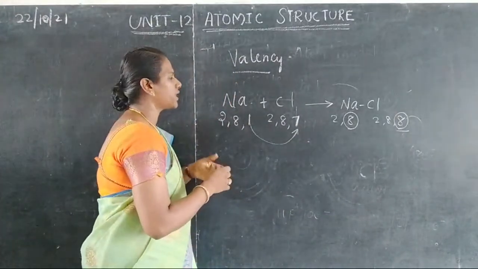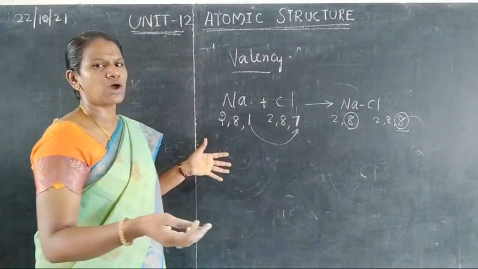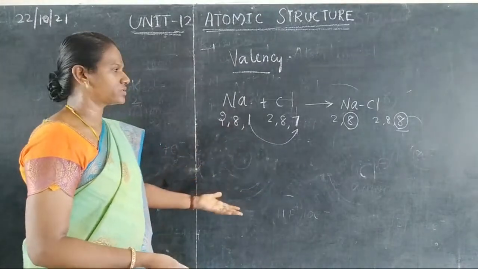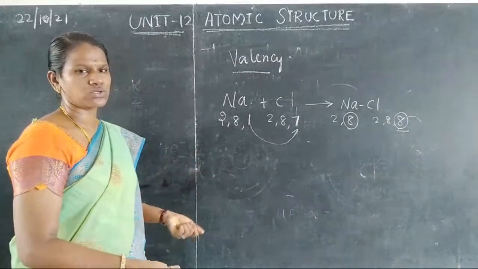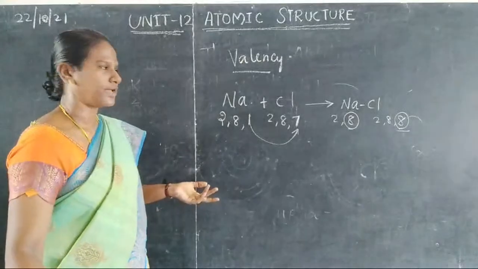The atoms try to attain 8 electrons in the outermost shell. Then only they are considered stable atoms. So that's why they are gaining or losing electrons.